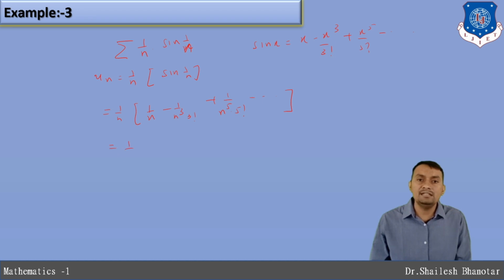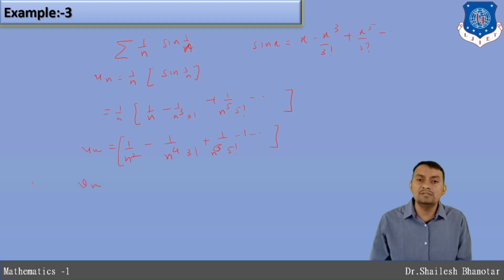Multiplying the 1 divided by n inside, you get 1 divided by n square, minus 1 divided by n raised to 4 into 3 factorial, plus 1 divided by n raised to 6 into 5 factorial, minus and so on. And this is our un.